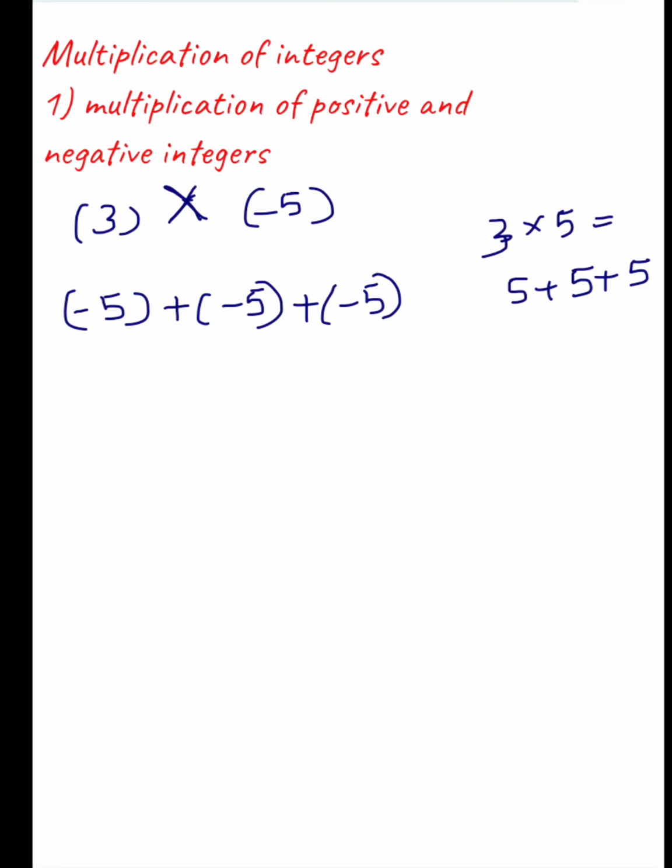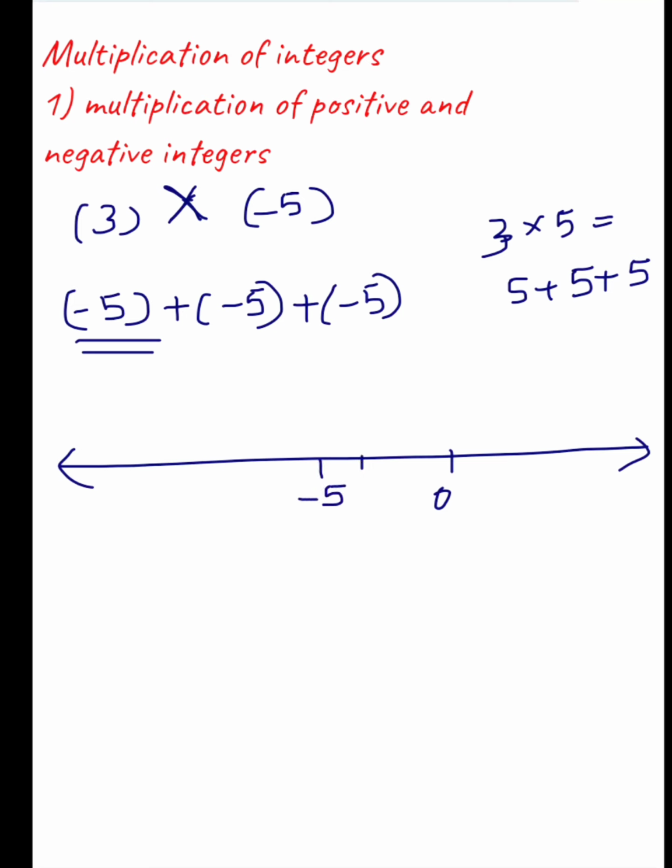Now how can we represent this on a number line? Suppose this is the number line and we are starting from 0, and 3 times you have to add minus 5. So first let's mark this minus 5. Here there are more divisions, but let's mark this as minus 5.